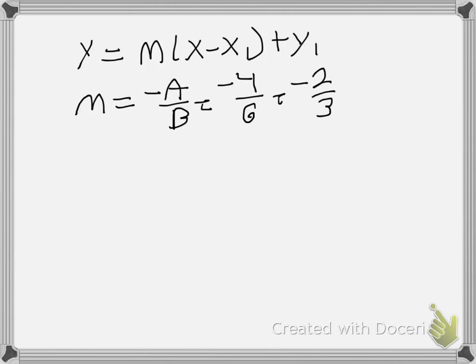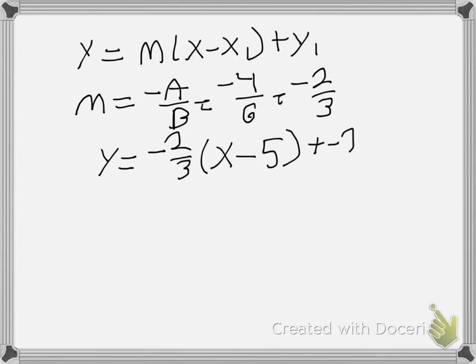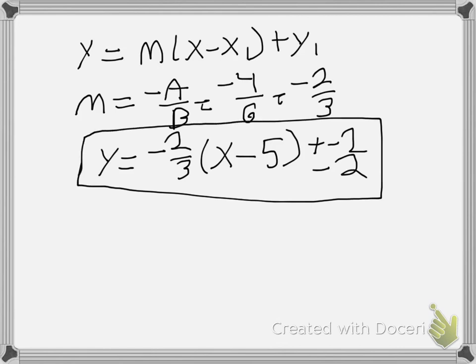Now if it's parallel, we keep the same slope, so we end up with y = -2/3 times (x - x1), well the point that we're given is 5, plus y1, or plus negative 2. We can rewrite that as just minus 2. Okay, so there's our equation for example number 3A: y = -2/3 times (x - 5) - 2.